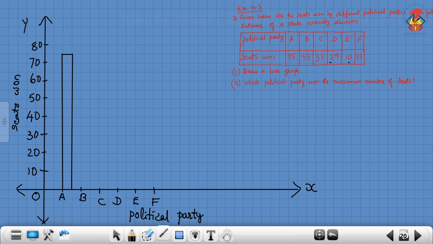B, 55. The bars are of equal width, and the distance between the bars also should be equal. Next 37, C, 37.